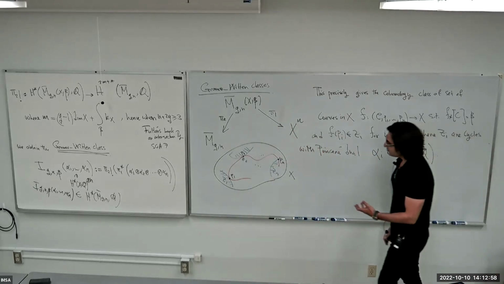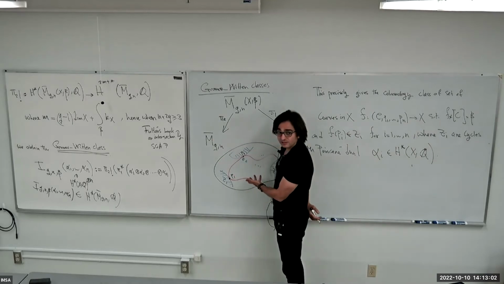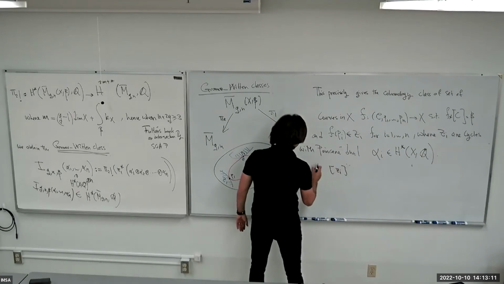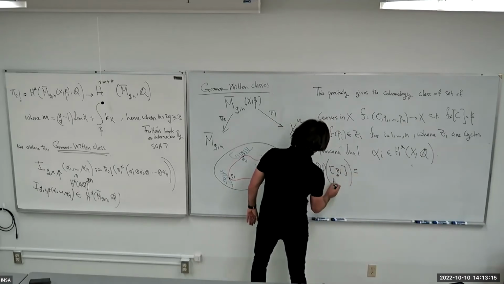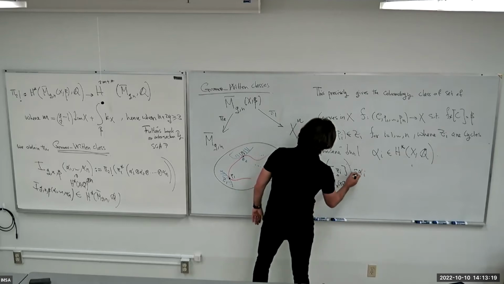And as soon as you give me a subvariety, it gives me a homology class. By Poincare, the Poincare dual of this homology class inside H lower star of X with Q coefficients is our alpha i by definition.